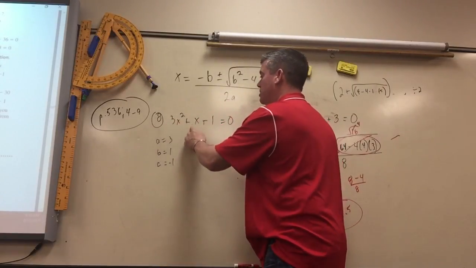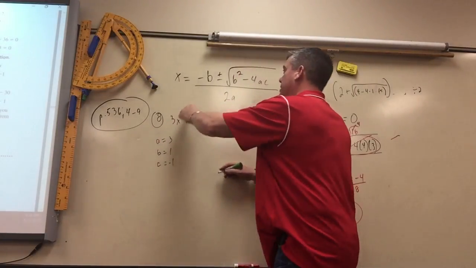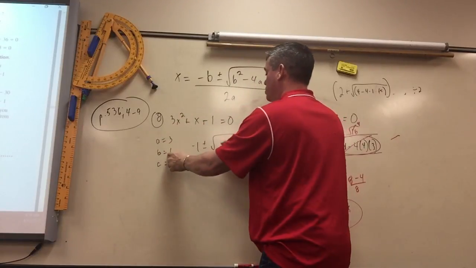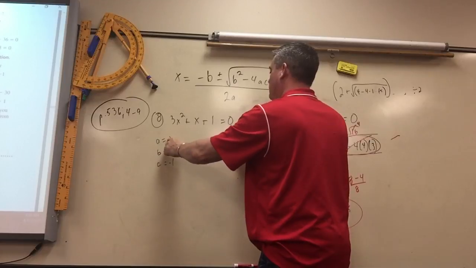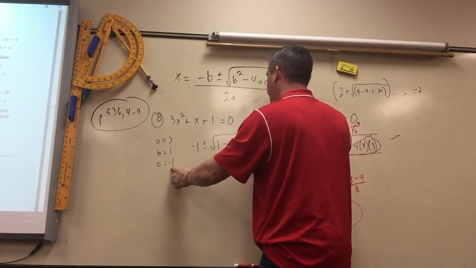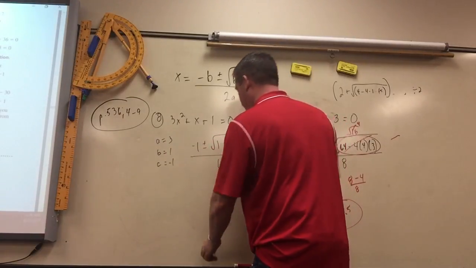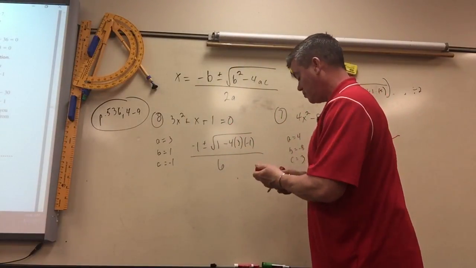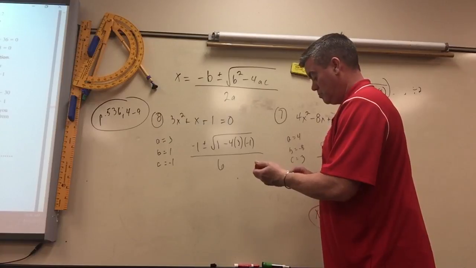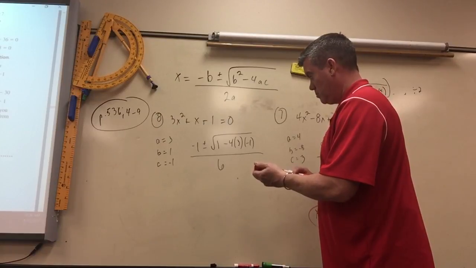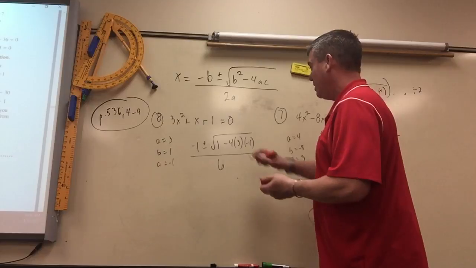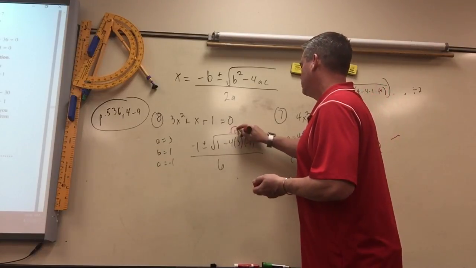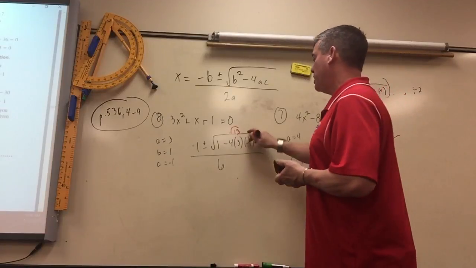So A is 3, B is 1, C is negative 1. So negative 1 plus or minus the square root of b squared, which is 1, minus 4 times a times c, all over 2 times a, which is 6. So when we figure this out, you get the square root of 13, which is not a perfect square.